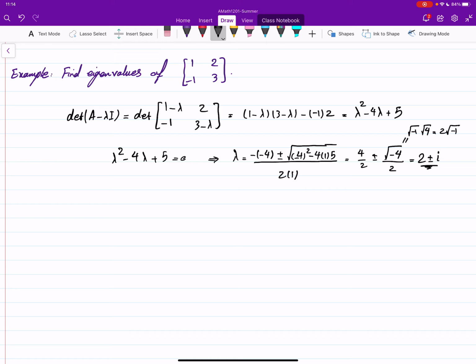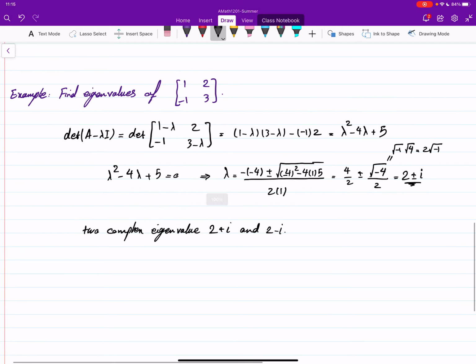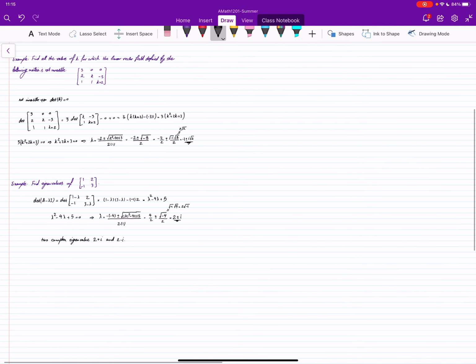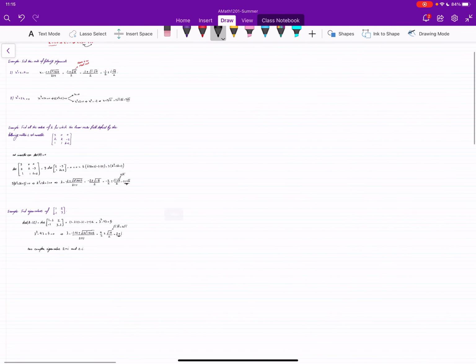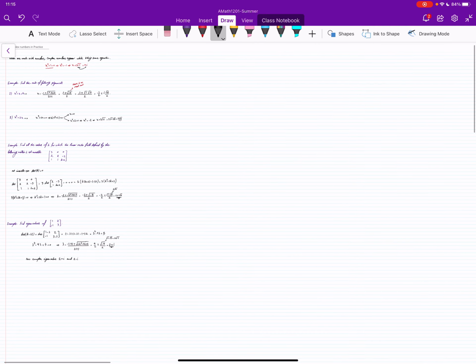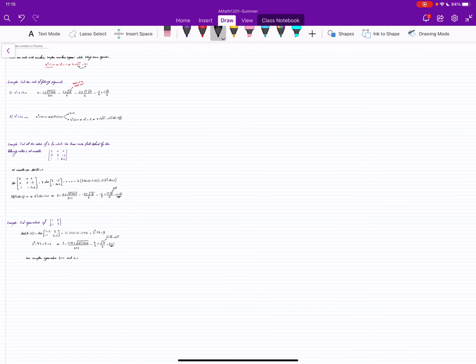So it has two complex eigenvalues, 2 plus i and 2 minus i. So from this point on, whenever you're trying to solve an equation, you have to be careful that you may end up getting a number which is not real but a complex number.